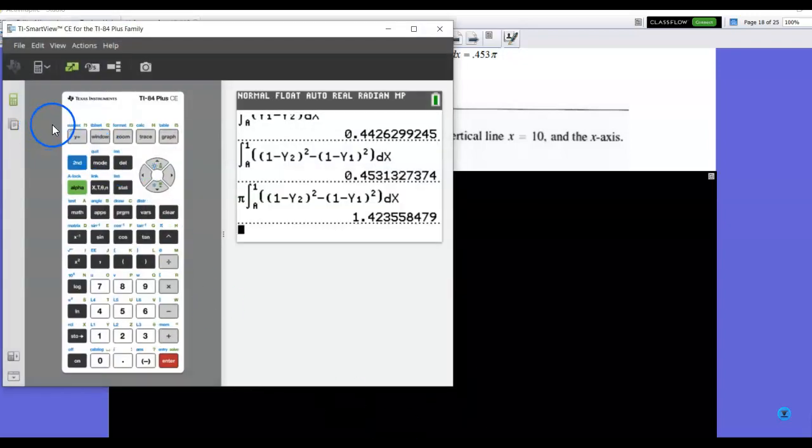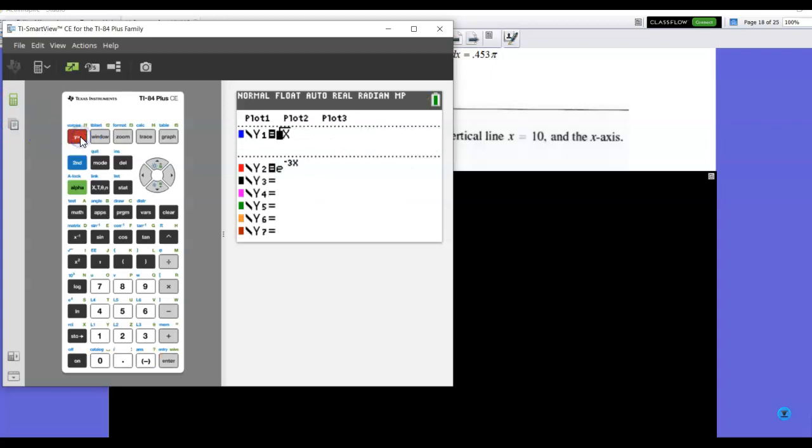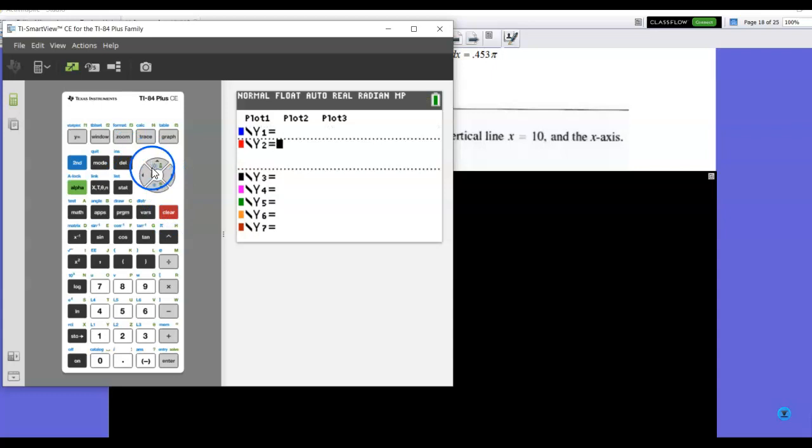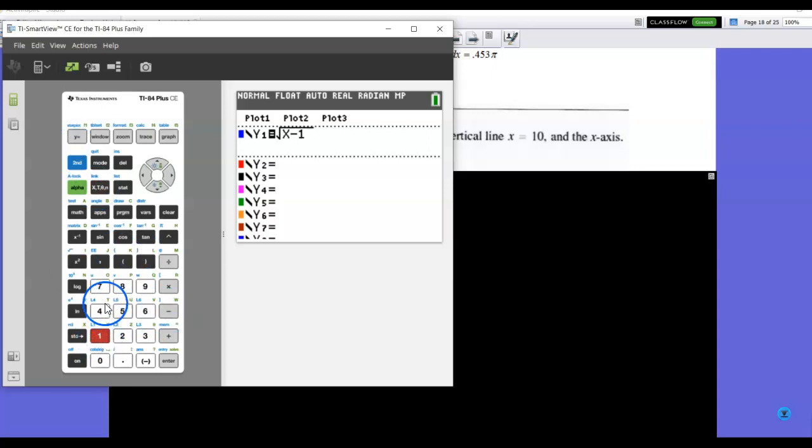So in our calculator, this was probably a non-calculator question back in the day. I mean, this is a really old question. So we're going to get rid of these two, and we'll go ahead and do this with the calculator. So second square root, and it was x minus 1. Remember, we're not going to graph the vertical line and the x-axis.